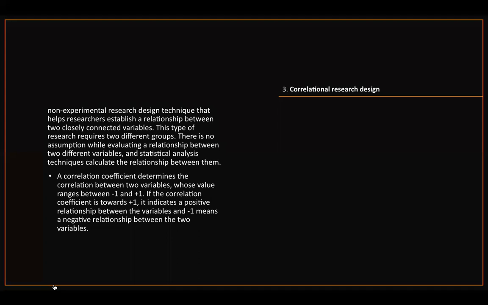If it is -1, perfect negative correlation, where one variable falls by 50%, the other variable will rise by 50%. If it is a perfect positive correlation, if one variable moves up by 50%, the other variable will also move up by 50%, right? So the correlation coefficient can vary between -1 and +1.